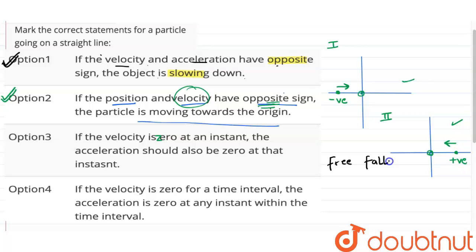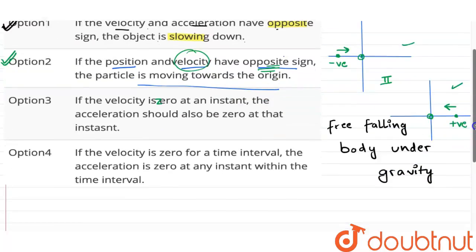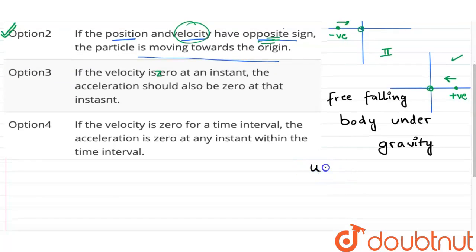For a free falling body under gravity, its initial velocity is 0. But we know that its acceleration equals g, which is not 0. So from here we can say that option 3 is incorrect.